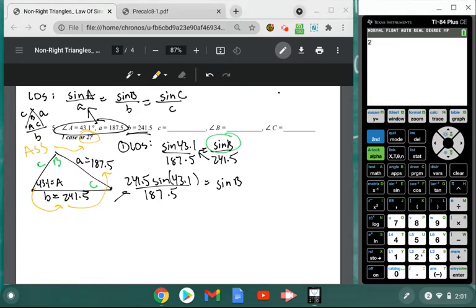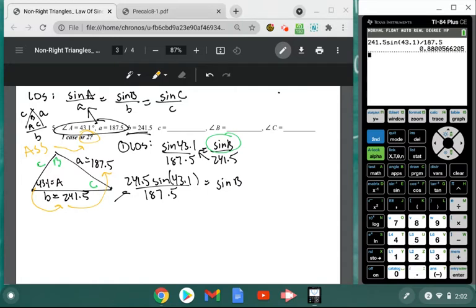So that's 241.5 times the sine of 43.1 divided by 187.5. And sure enough, I do.